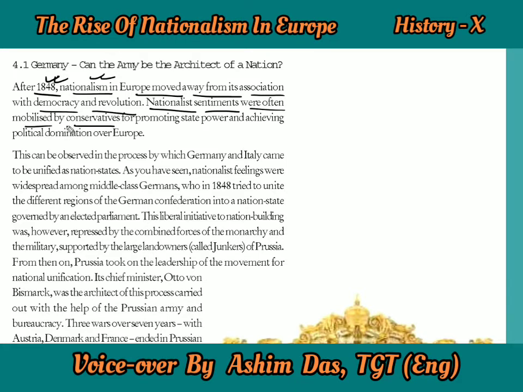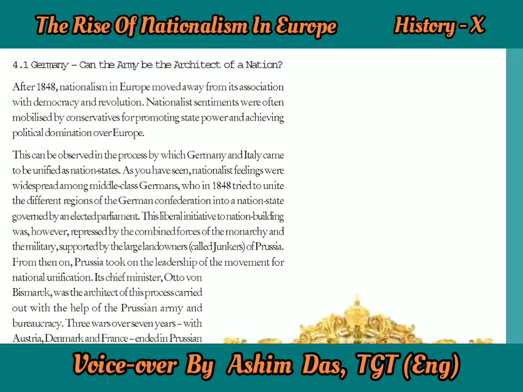Nationalist sentiments were often mobilized by conservative people for promoting state power and achieving political domination over Europe. The kings used to make the people feel that if you love the king, only then are you a nationalist, and if you don't love the king, you are not a nationalist. So democracy and the idea of revolution were almost absent in the minds of the people.